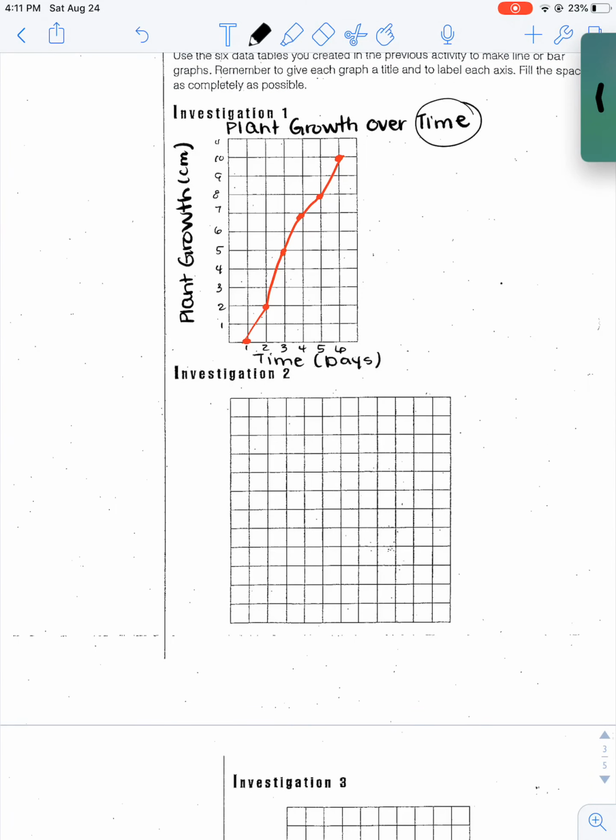So for investigation 2, we were looking at how many tomatoes grew at various temperatures. So tomato growth at various temperatures.